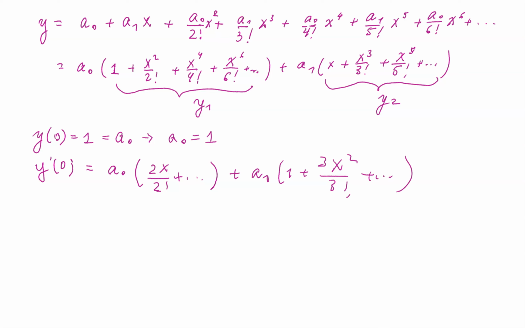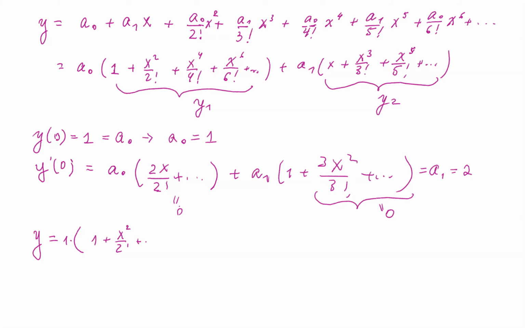Now, guys, if you plug in x equals 0 into here, all the terms are going to have zeros in some powers, so it's going to just be equal to 0, right? Here, all these terms are going to have zeros, so the only one is going to work as a1. So a1 is supposed to be equal to 2, because the initial condition is equal to 2. So now we can write down our final solution. We can put 1 instead of a0 here, just formally, but it's not necessary actually. It's 1 plus x squared over 2 factorial plus more other terms, right?